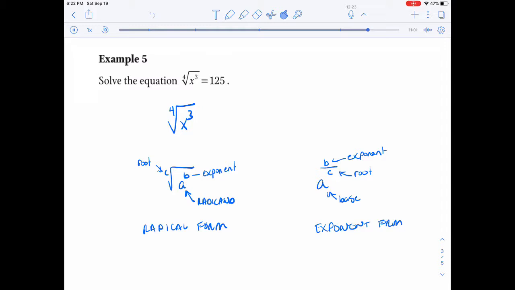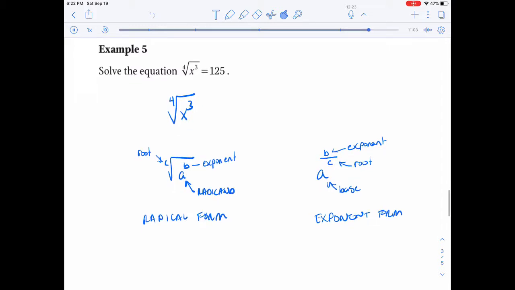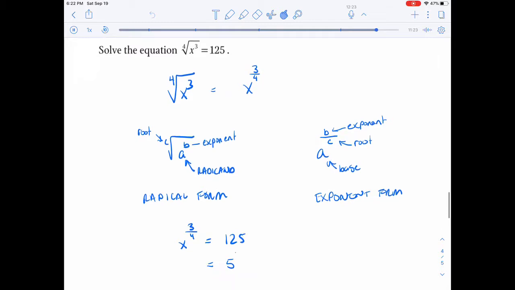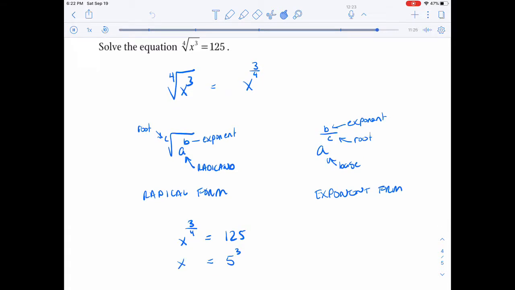So for the fourth root of x cubed, that really is in exponent form x to the 3/4. Let's take x to the 3/4 is equal to 125. And of course 125 is merely 5 cubed. So we have x to the 3/4 is equivalent to 5 to the third power.